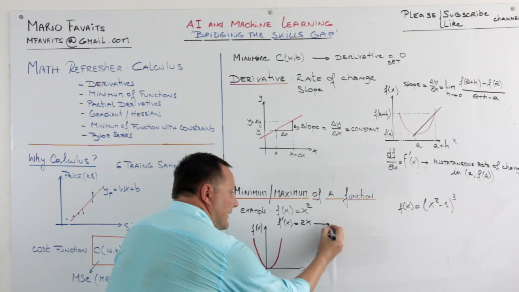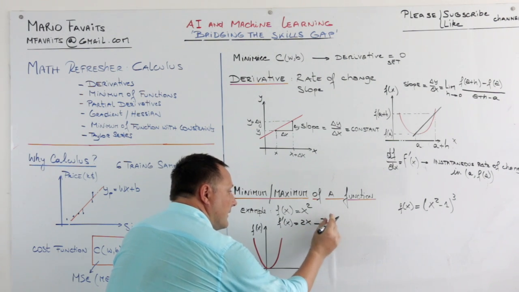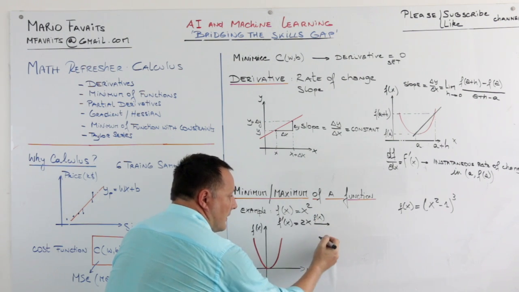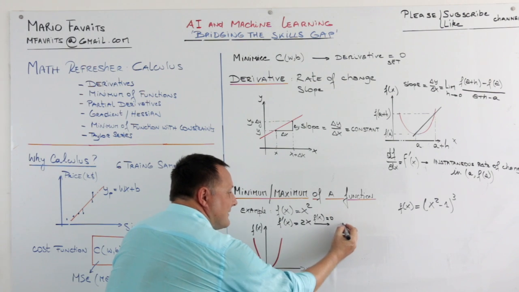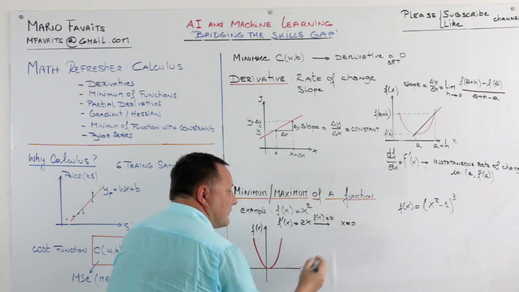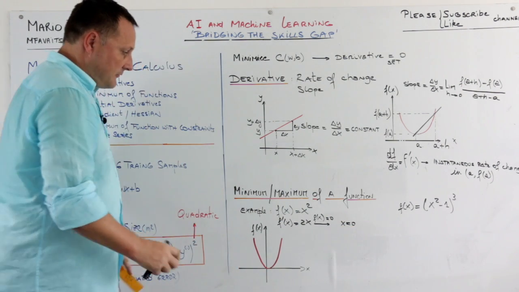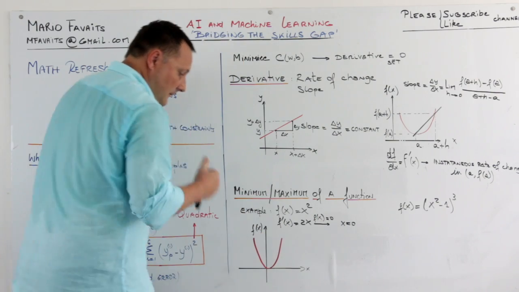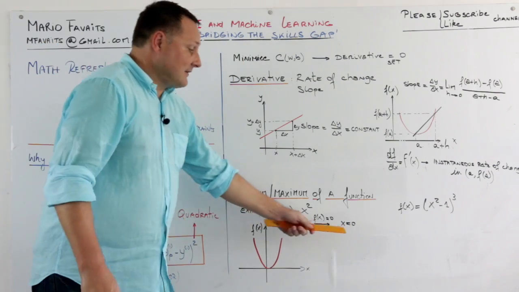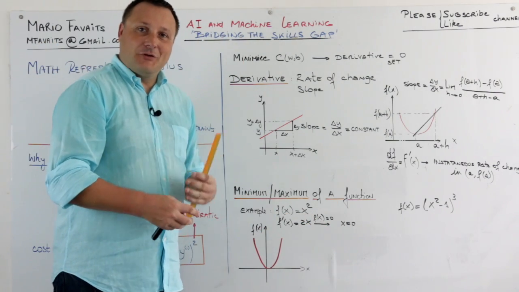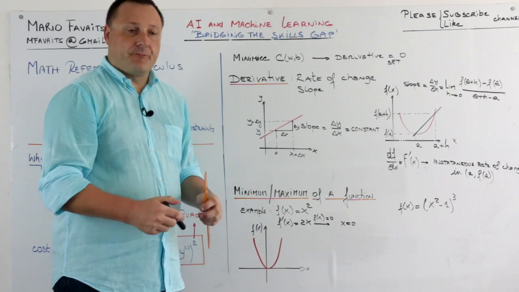So if f prime of x equals 0, it means that x must be 0. If 2x is 0, x is 0. So x equals 0 is your extremum, but you don't know if it's a minimum or a maximum.